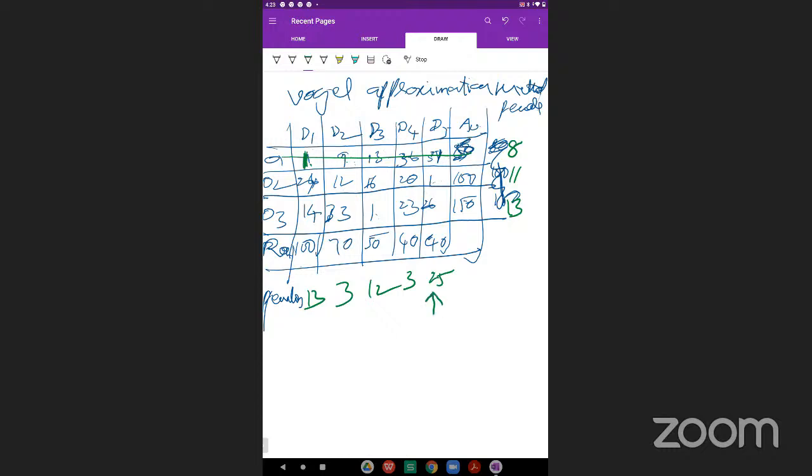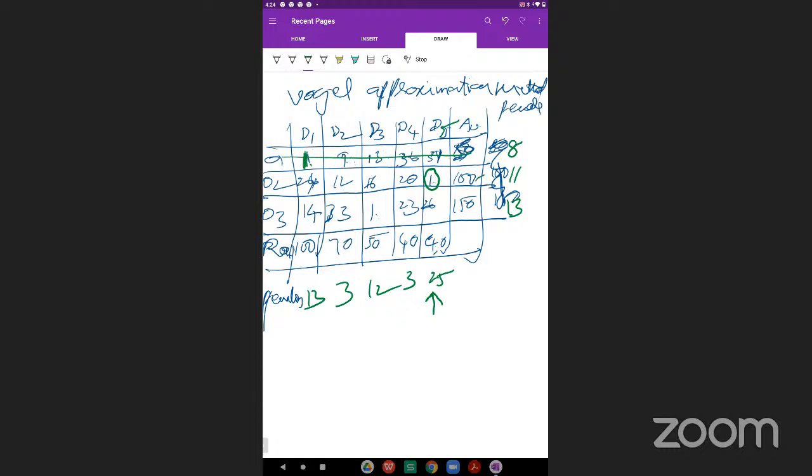In D5, the lowest cost is 1. This 1 I allot against the minimum of the corresponding availability and requirement. Here availability is 100 and requirement is 40.